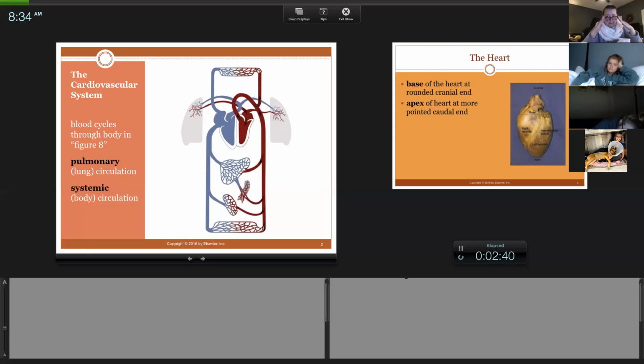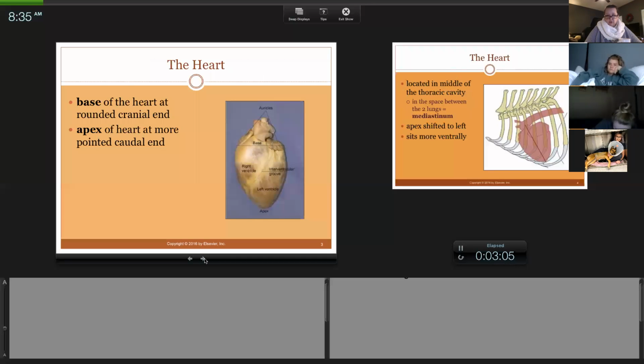So if I say a systemic vein or a systemic artery, it's found in the body somewhere outside of the lungs. If I say pulmonary vessel or pulmonary anything, it's somewhere going to the lungs or within the lungs, okay? So just so we know the terminology that I'm going to be using and what it pertains to.